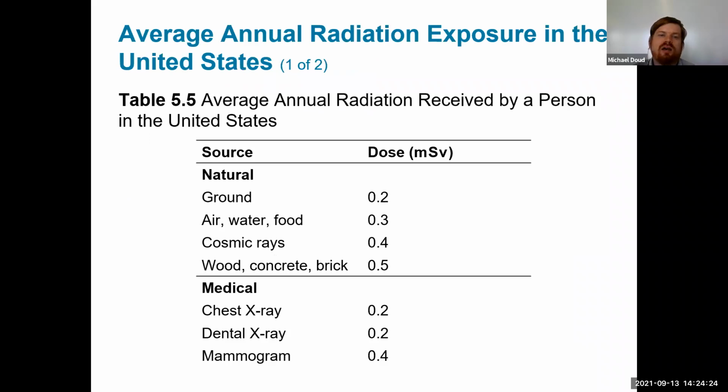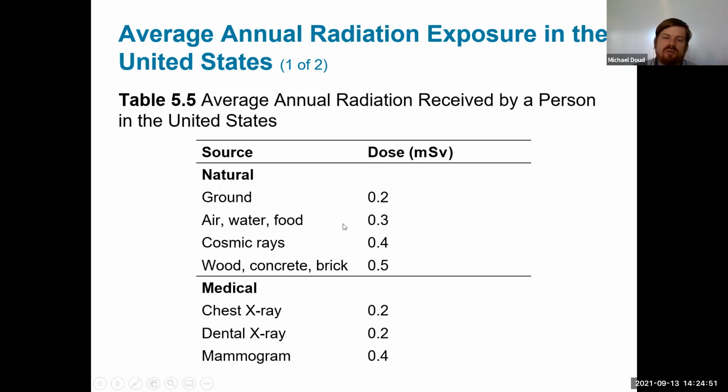So here's an example of the radiation that a person can receive. Sorry, this is annual, not per day. This is annual radiation. So just to give you an idea, you get it from birth, so from the ground. There are naturally occurring isotopes that are radioactive, and they're emitting radiation, just a small amount, 0.2 millisieverts.